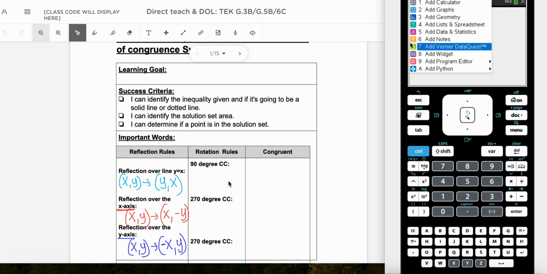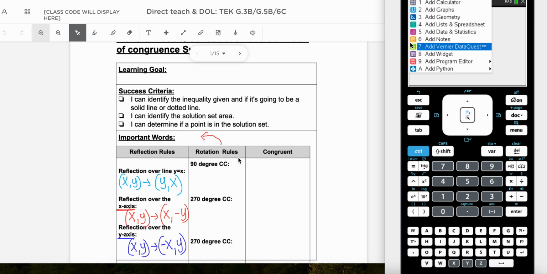Now we're going to move on to rotation. If you have a point and you rotate it 90 degrees CCW, CCW means counterclockwise, and counterclockwise is going to be this direction. So all of these rotation rules are for counterclockwise.